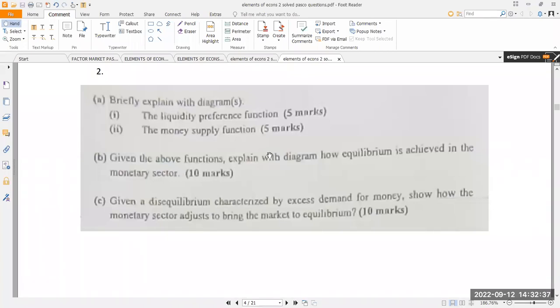So the money demand function or the liquidity preference function is a function that reveals the relationship between interest rate and the quantity of money that individuals would like to hold at a particular point in time. It's just a function that gives a relationship between quantity of money that people are holding and the interest rate.